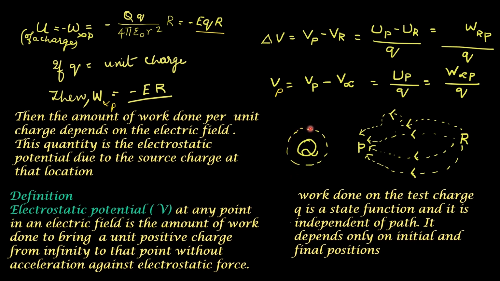Capital Q is the source charge, P is the final position, and R is the initial position where q is kept. This q may be shifted from R to P through any of the routes that are shown in the diagram. Since electrostatic potential is a state function, it does not depend upon any of the paths through which the charge is shifted to P. It depends only on initial and final positions.